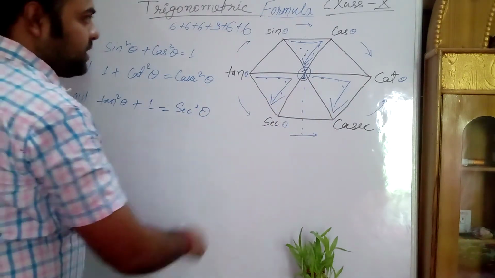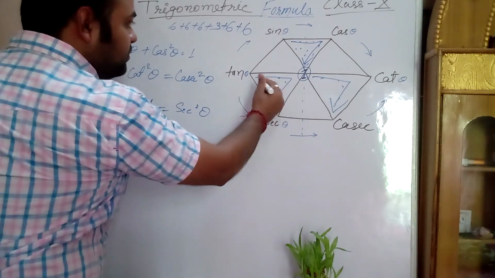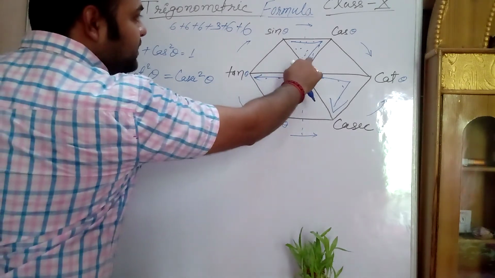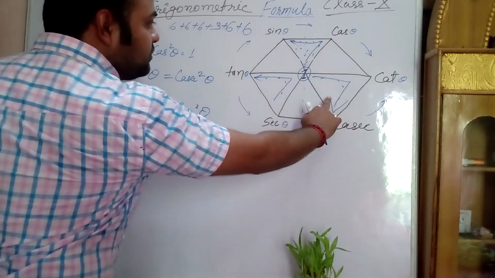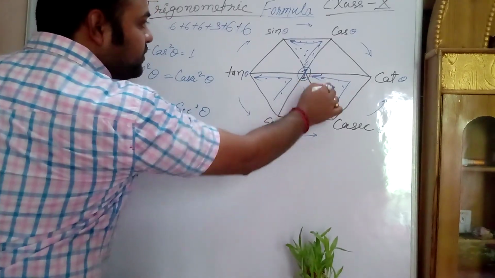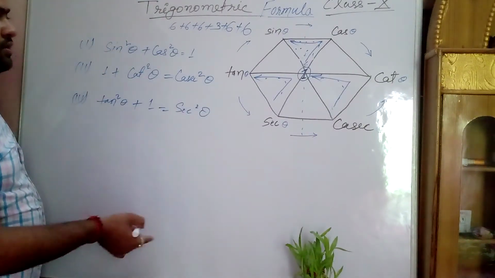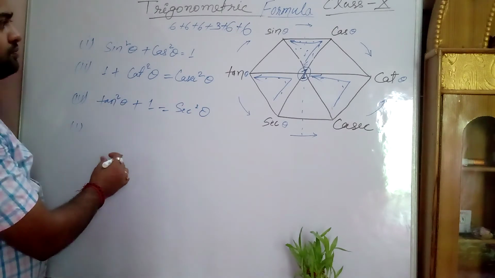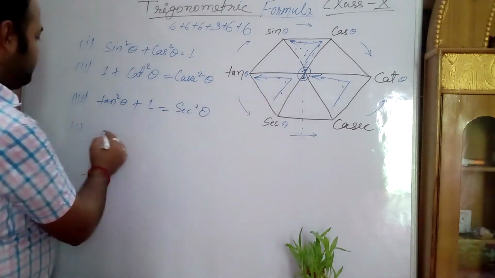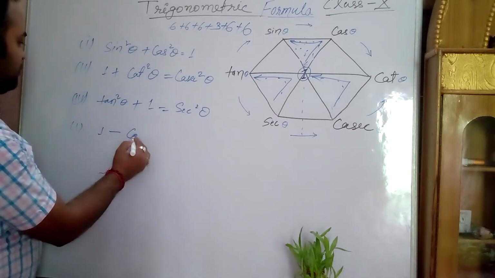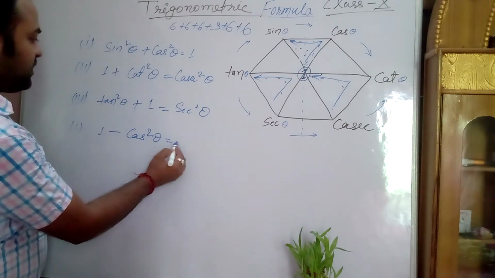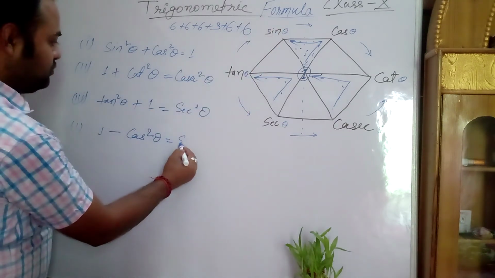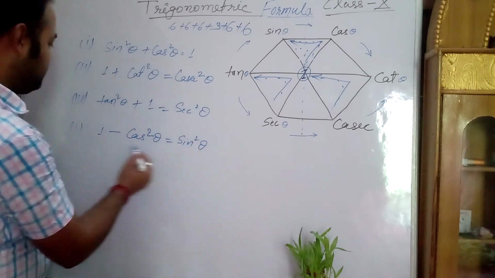Now we change the direction to anti-clockwise in the same triangle, and we get another 3 formulas. First one, starting from here, 1 minus cos square theta is equal to sin square theta.